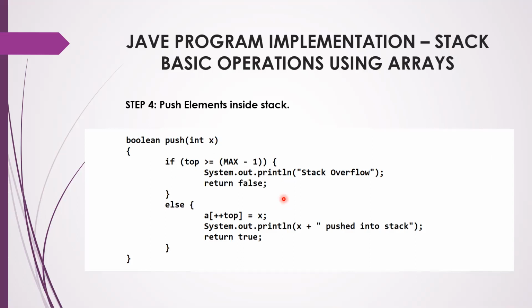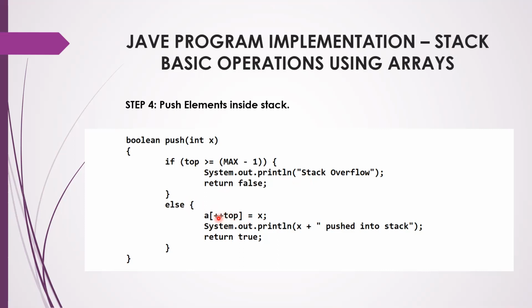When you insert the 1000th element, after that, if you're inserting the 1001st element and top is greater than or equal to the limit, you have to report that the stack is overflow, and return false, meaning the insertion has not occurred. Else, you have some space in the memory. If it is only the 999th element, then insertion is okay.